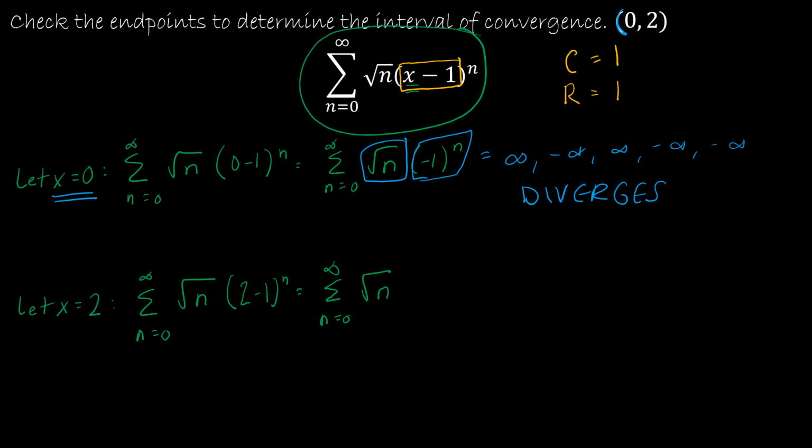But as we know, this still gives me infinity. Even though it's not oscillating like the last one between positive infinity and negative infinity, it's still not a value, so it still diverges, which means what is my interval of convergence?